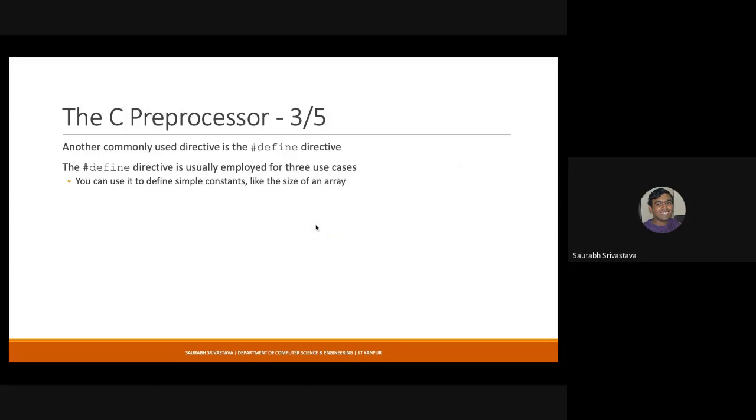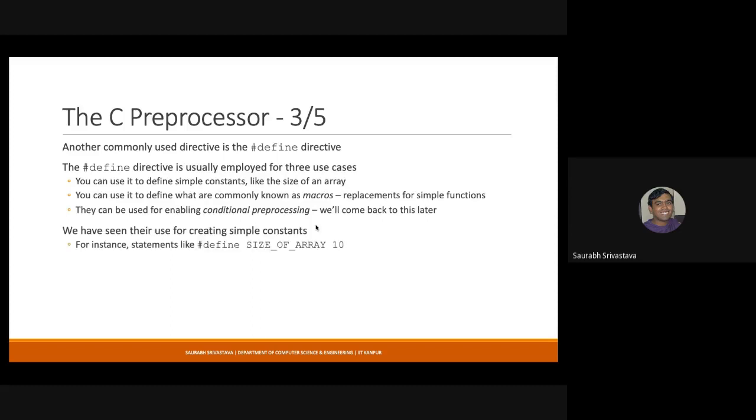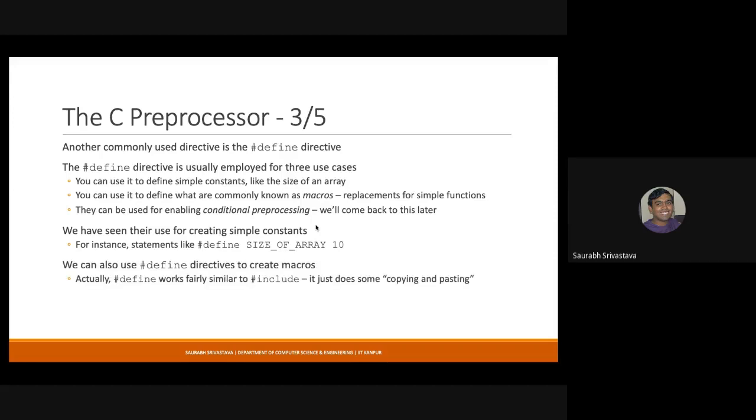The hash define thing is exactly like hash include. It is also a dumb copy paste thing, but instead of copying contents from a whole file, you are doing it for expressions or tokens. You say whenever you find this particular token, please replace it in a dumb fashion with some other set of tokens, and you can use this to create what are known as macros.